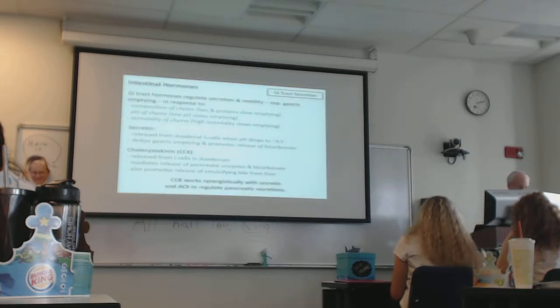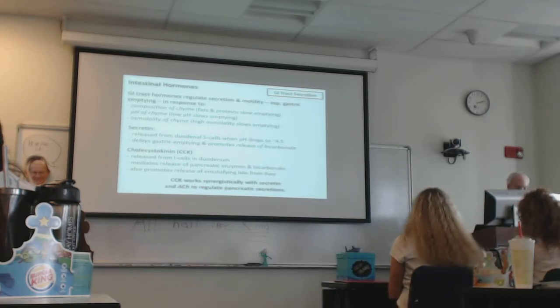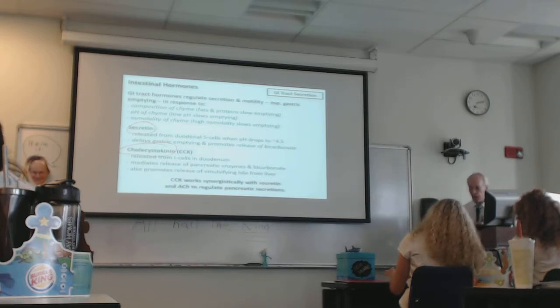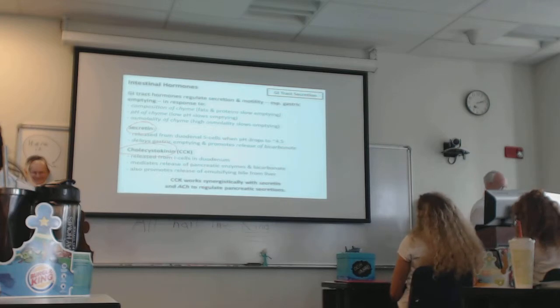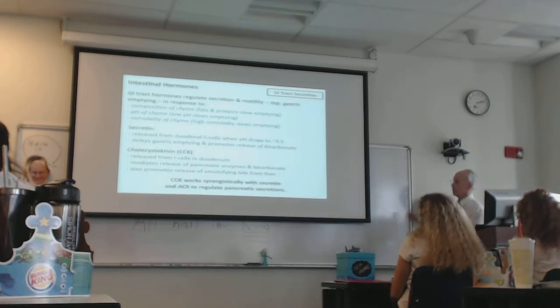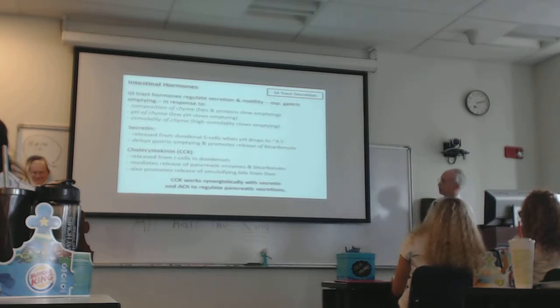We talked about a number of hormones. A couple of these you should be familiar with, the secretin and the CCK. Now remember, gastric emptying is going to be regulated with respect to three primary criteria: the composition of the chyme, the more fat and protein, the slower the emptying; the pH of the chyme, the lower the pH, the slower the emptying; and the osmolality of the chyme, the higher the concentration, the slower the emptying.